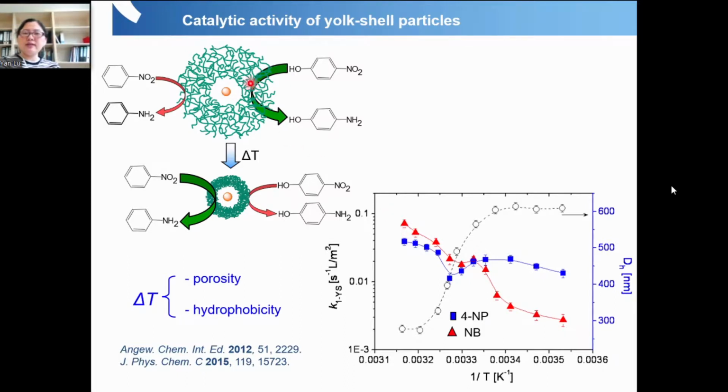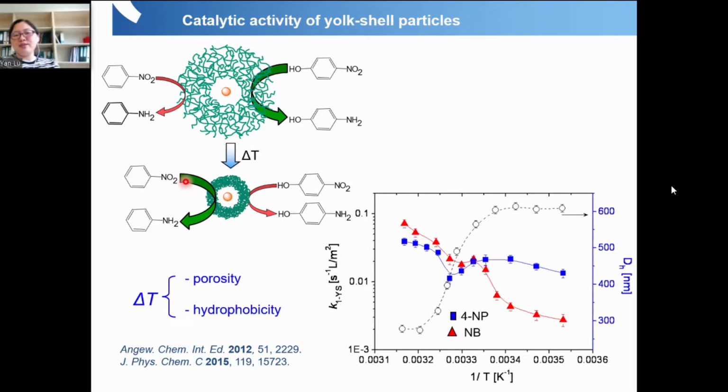This means that at lower temperature, the polyNIPAM networks are swollen with water, so they are more hydrophilic. In that case, hydrophilic molecules, so the nitrophenol reduction, is more favorable. And when we increase the temperature, the polyNIPAM networks start to shrink. Then the system is more hydrophobic. And in that case, the reduction of nitrobenzene is more favorable because this molecule is more hydrophobic.